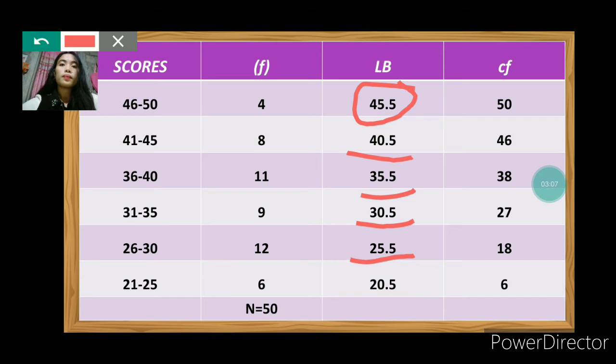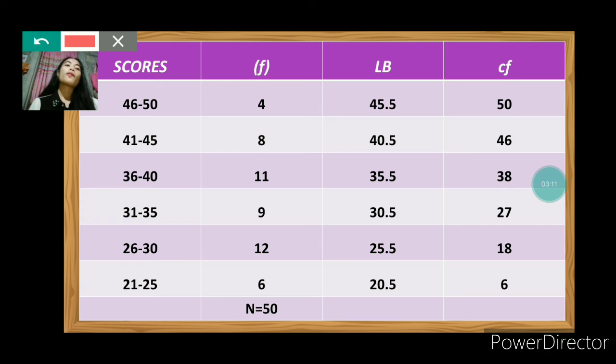So that's our LB. Now in our CF, our cumulative frequency, we will focus on our frequency. How will we get the cumulative frequency? Here we'll start at the lower end.